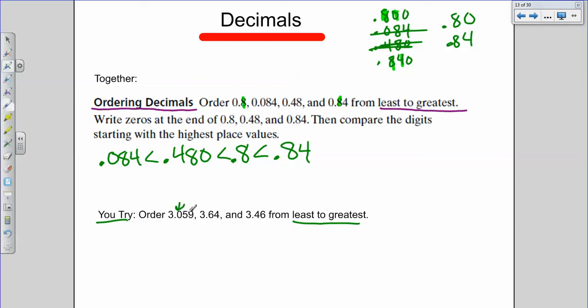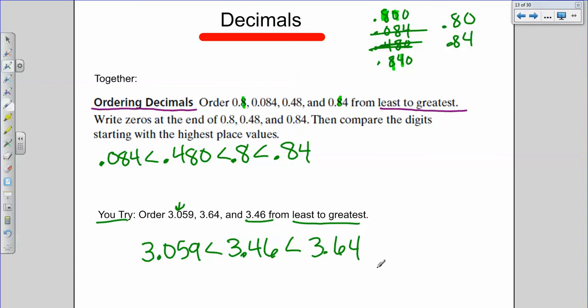Looks like my 0 here, comparing my tenths spot, is going to be my smallest number. And then 46 cents is less than 64 cents. So 3.64 is going to be my biggest number. Okay, so this was a lesson on everything to do with understanding decimal place value and comparing and ordering decimals.